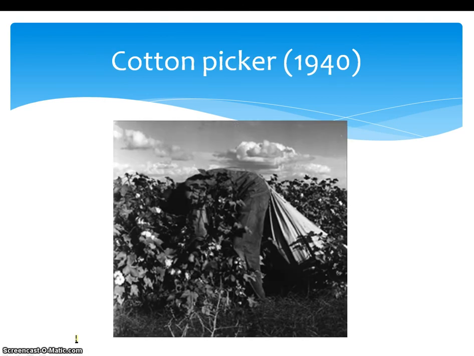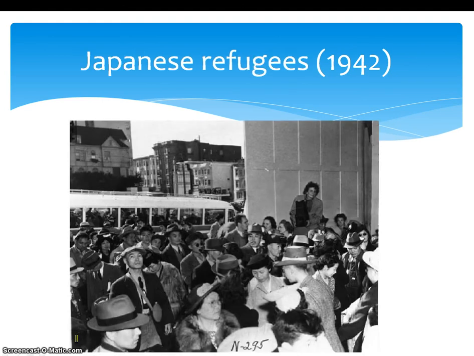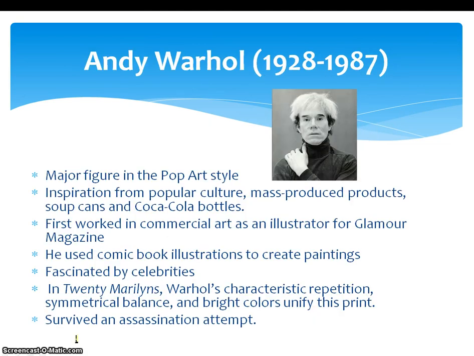More hard-working people. This was an interesting picture. This is from World War II when we start the internment camps, and we house Japanese Americans in camps, especially after Pearl Harbor, because our government was very paranoid of Japanese Americans.